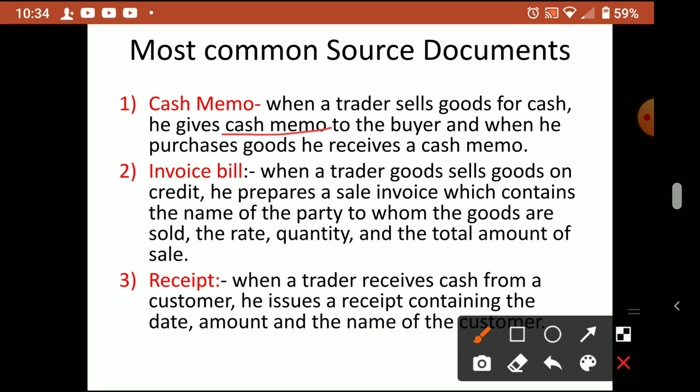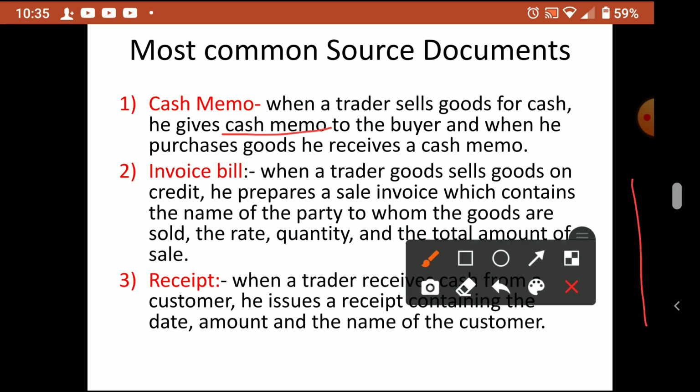Suppose you purchase a mobile phone: how many items, one or two, what is the rate of that mobile, and then the total amount of sale. Rate multiplied by quantity gives the amount. All these details we can see in the invoice bill. Clear? Okay.